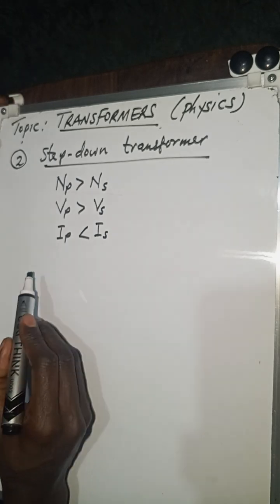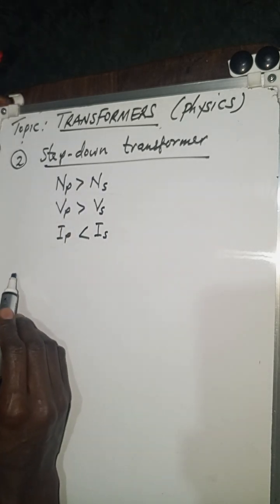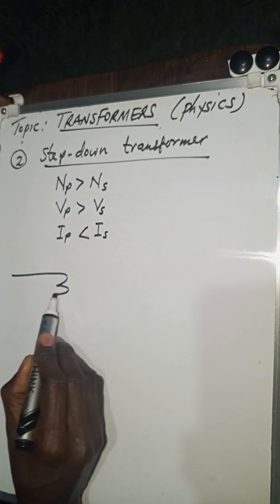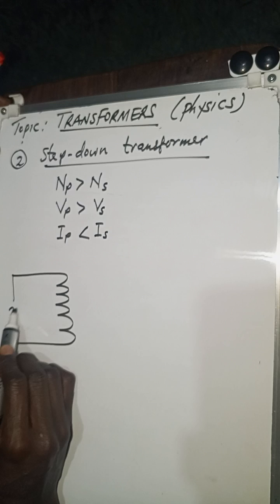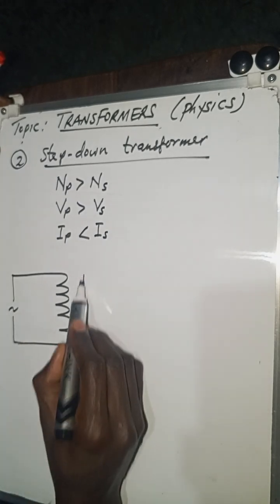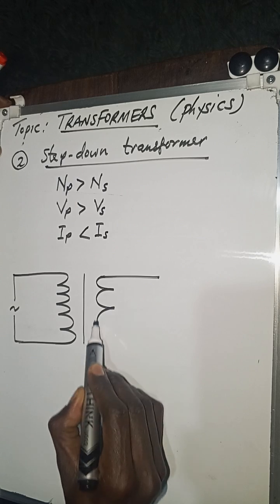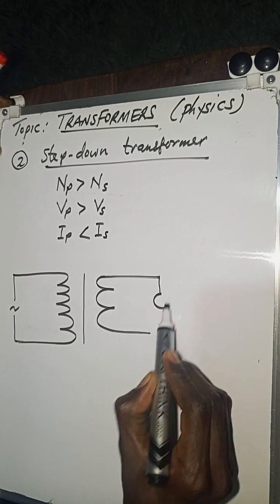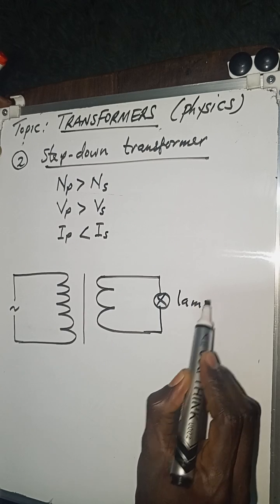Of course, how can you draw this? Well, you need to have more turns on the primary. So if I use the circuit symbol, you are going to have more turns on the primary and fewer turns on the secondary. Remember, that is representing a lamp somewhere there.